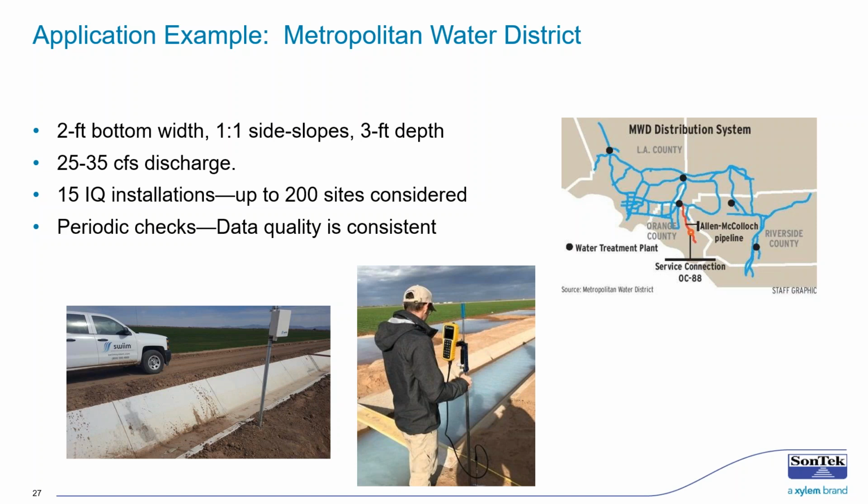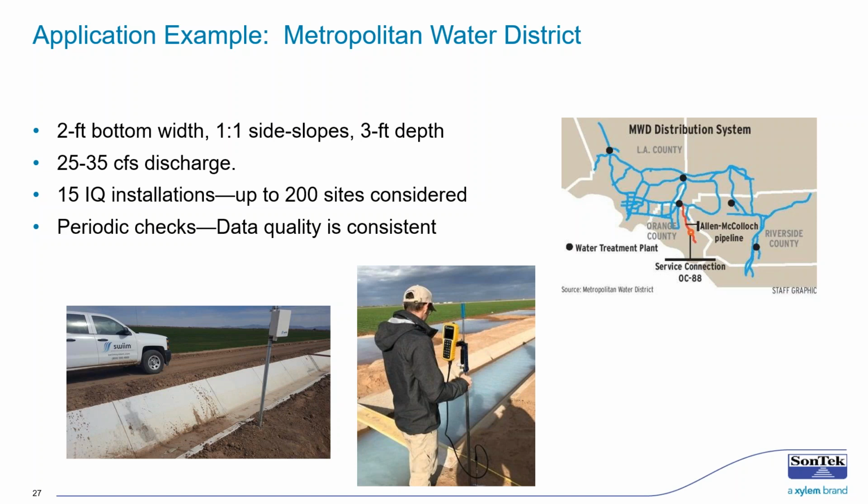One thing that's important before we move on is to do periodic checks on these instruments. As great as the Pulsed Doppler instruments can be in tough conditions as well as ideal conditions, it's important to do some sort of periodic check. In this picture here in the middle, we can actually see one of our sales reps, Michael Sundman, who handles some of the Southwest states.